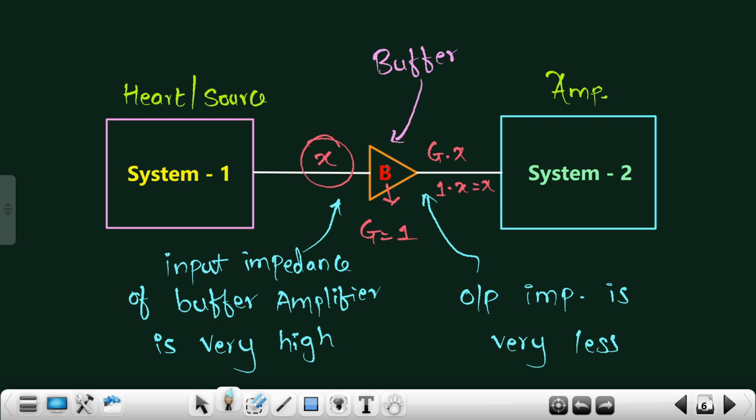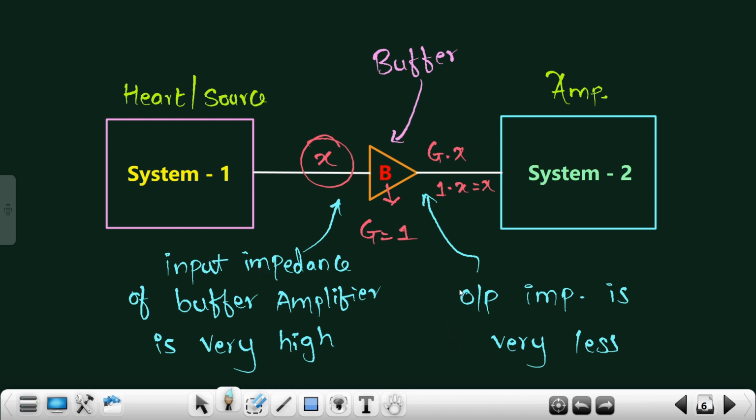That means its gain is always 1, right? Whatever signal it gets at the input side, it will multiply with the factor G, which is 1, so the same signal would be reflected at the output side of the buffer amplifier. Just remember this point, that the input impedance of buffer amplifier is very high, whereas its output impedance is very less.